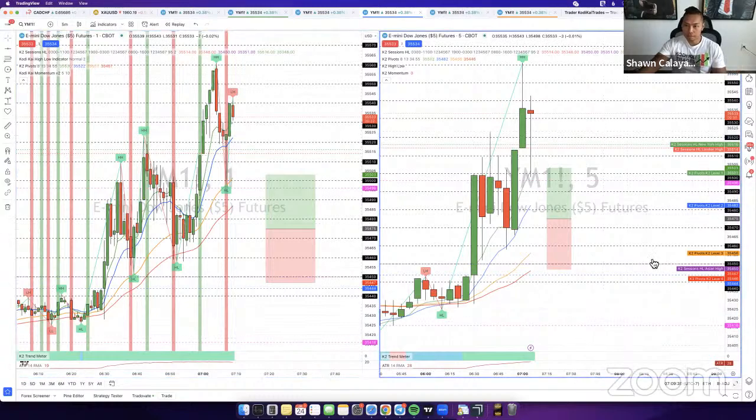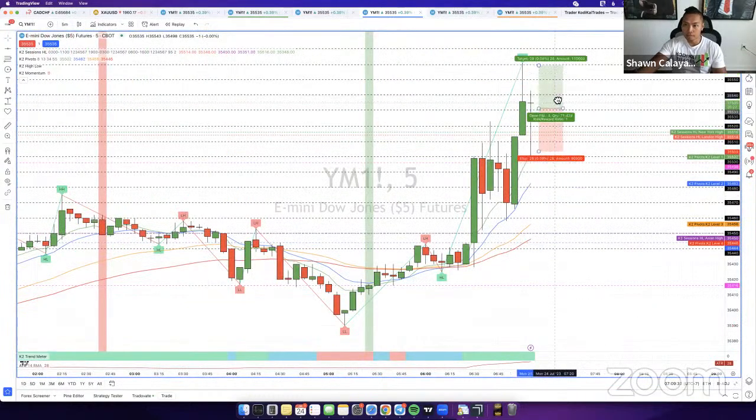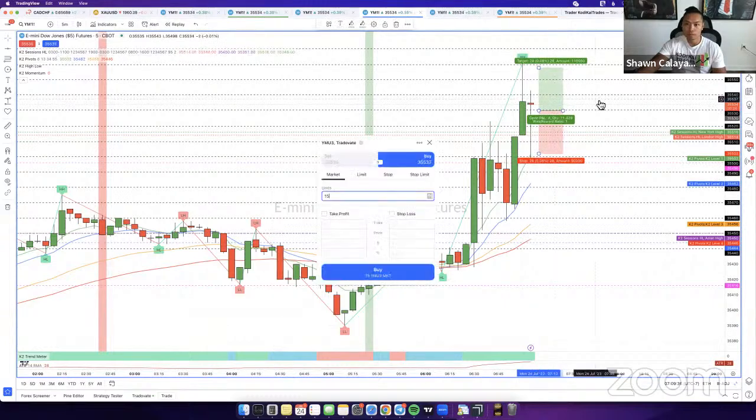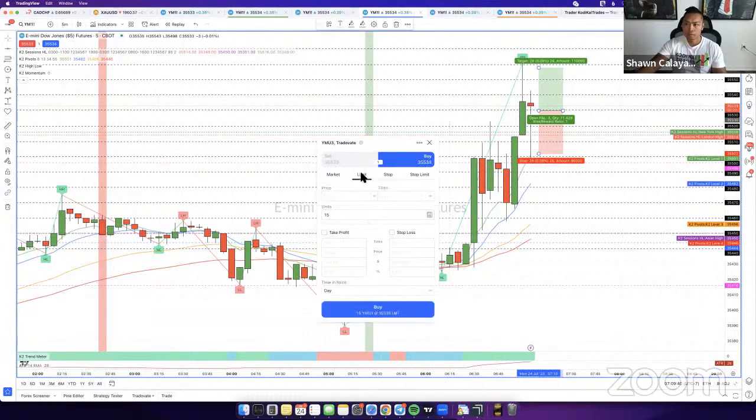All right, I'm probably going to use a 5 minute, guys. If it closes, it needs to close right here though, and it needs to close red. See, the entry point would be at the 30 mark.